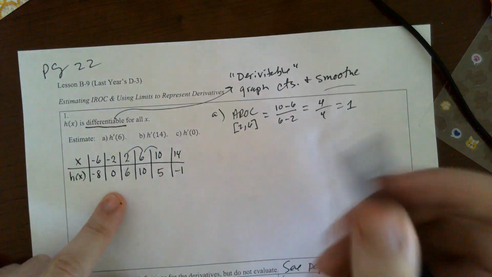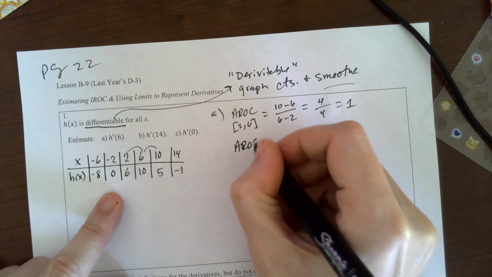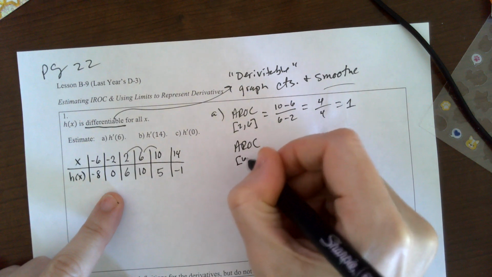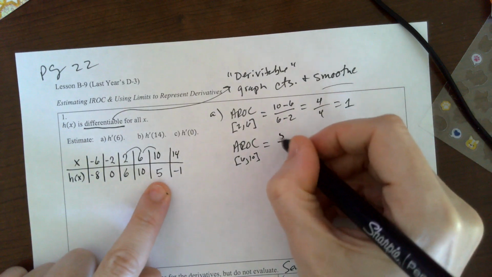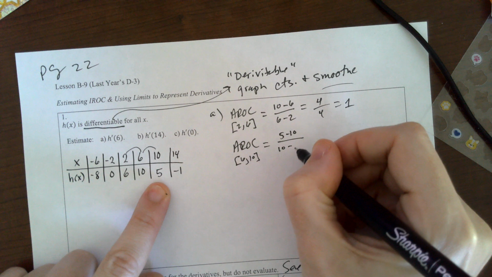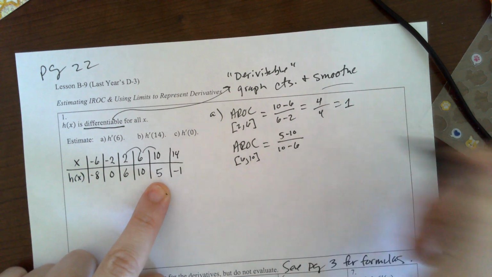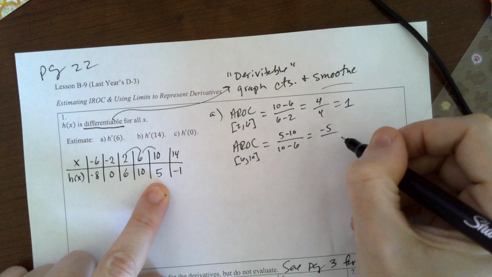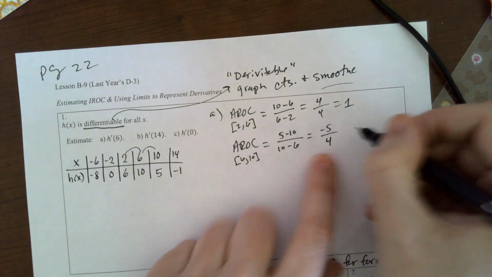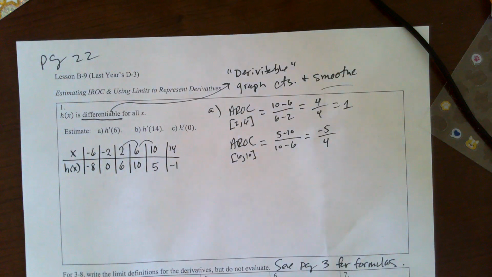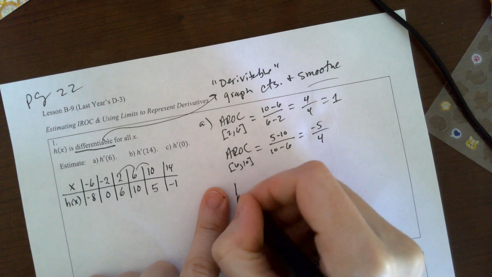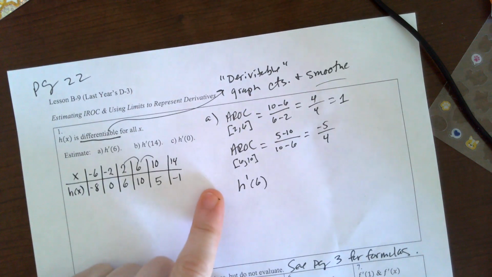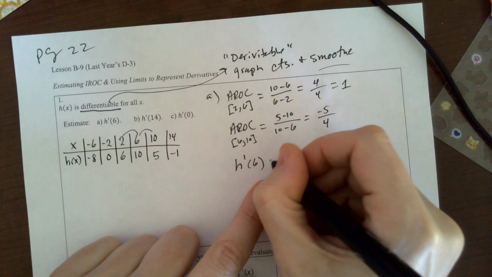Now we're going to do the right AROC. So AROC from 6 to 10: 5 minus 10 over 10 minus 6, which is -5 over 4. Those are the 2 AROCs, and now we have to average them. Now I'm going to use notation. h prime of 6, that's the IROC at 6, the derivative at 6.